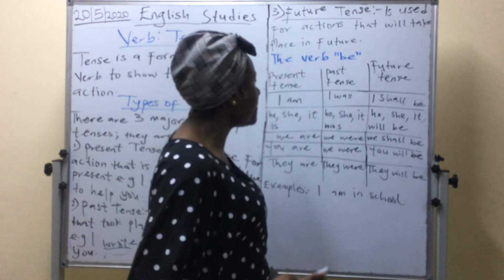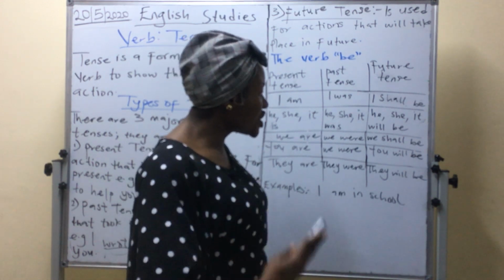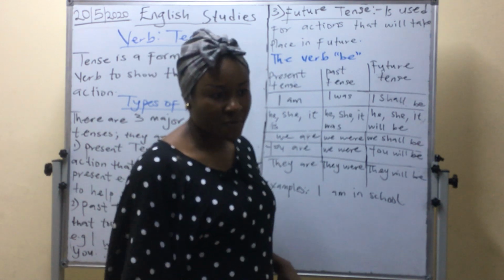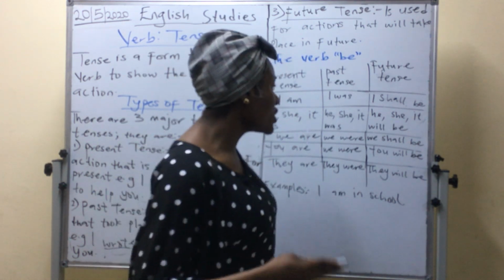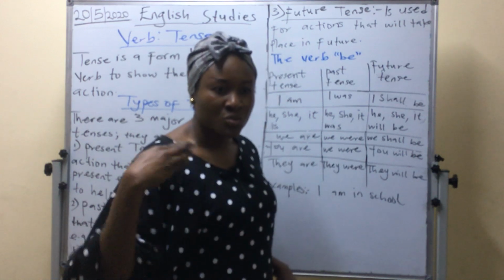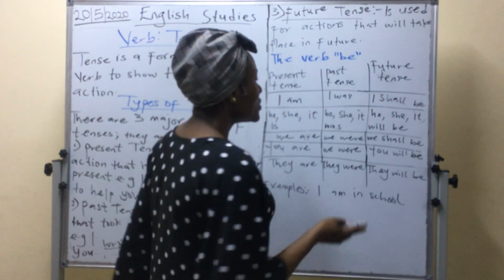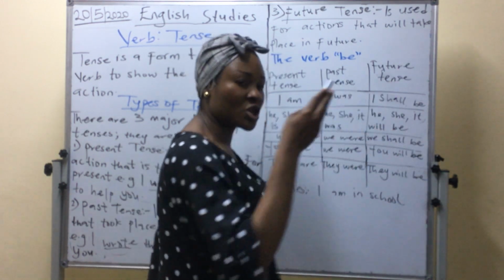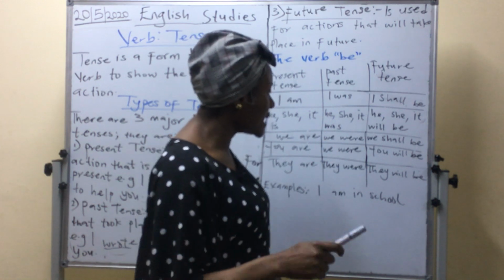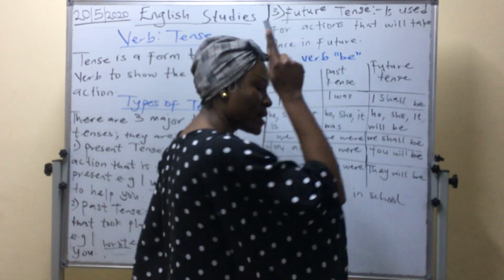We still bring the verb be in using it for future tense. She will be in grade 5. He will be going to market next tomorrow. It will be raining tomorrow according to the weather forecast. So we use will for he, she, and it for future tense of be, and then we bring the be to complete the sentence. And we use shall for I.